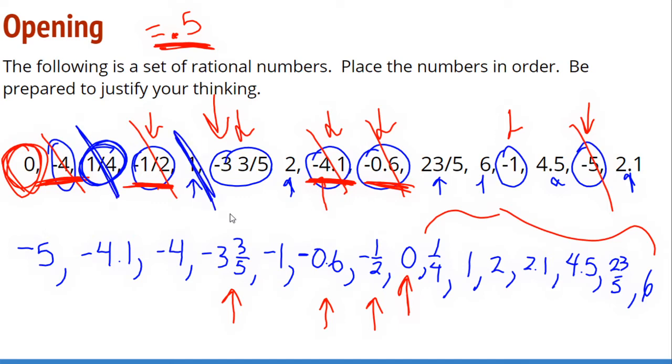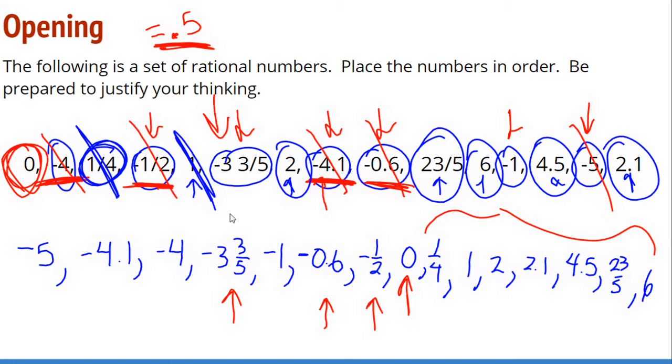Because everything else that I had out here, all of these were greater than 1. And then I had the 2 and the 2 1/10. And this is only 2 units from 0, and this is 2 and a little bit more from 0.